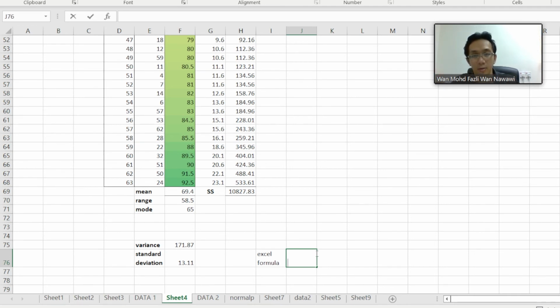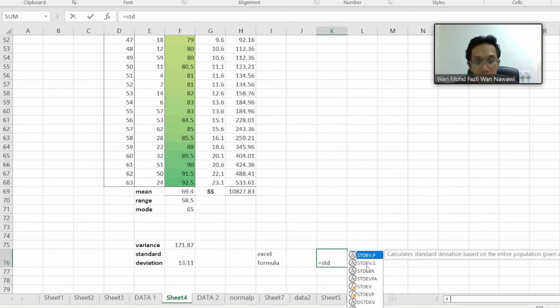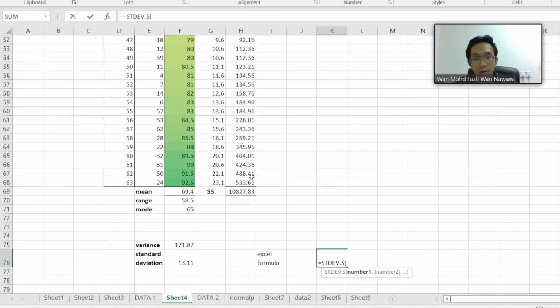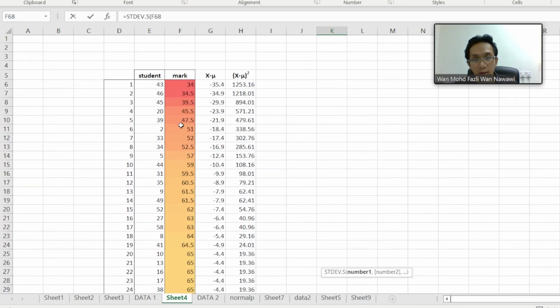Let's say I put the data here and want to find STD. You see there are STDEV.S, STDEV.P, and so on. You can get the standard deviation straight away for your sample, from here until there.